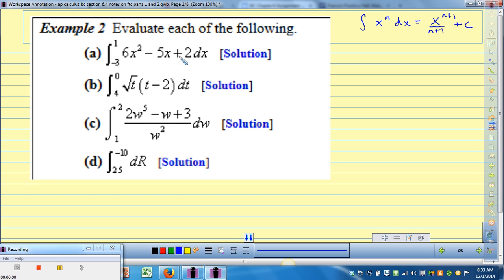So if it looks like something that we would have used quotient rule or product rule or chain rule on when we were taking derivatives, you're going to need to rewrite it somehow so that we can use our only rule that we have right now, which is the power rule. So you need to change the look so you can apply power rule. That's going to become important in B and C.